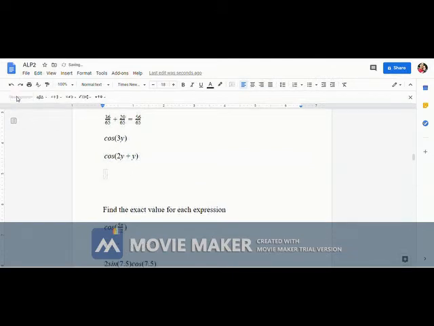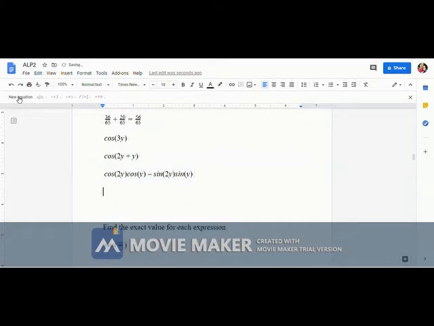So we'll go ahead and write that sum identity: cosine 2y times cosine y minus sine 2y sine y.